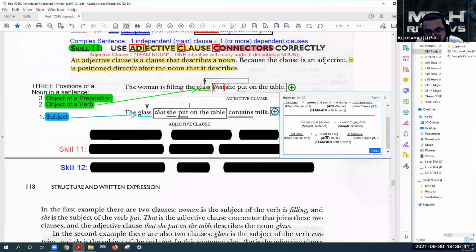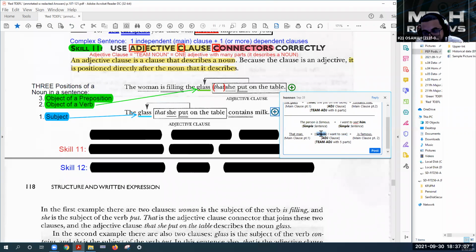I can remove it. Say it without. That man is famous. That man. I mean without the team adjective. Can I use the adjective clause without the connector?